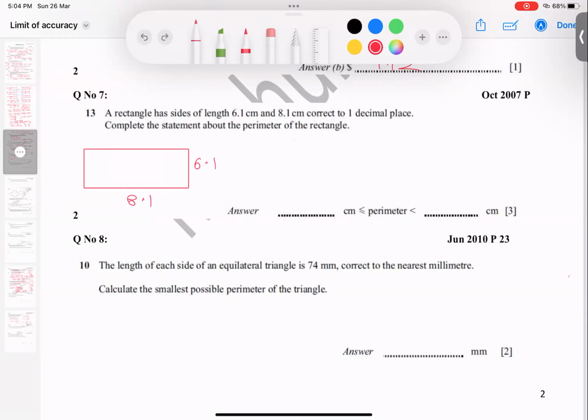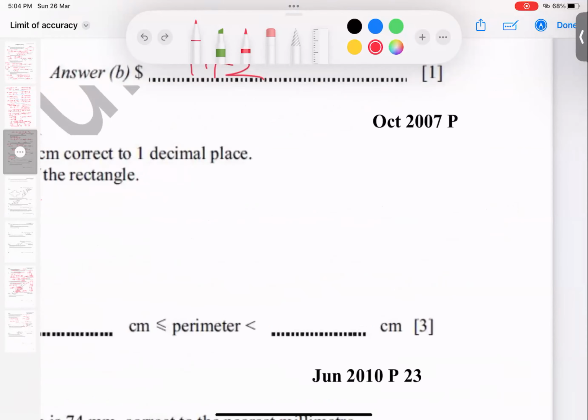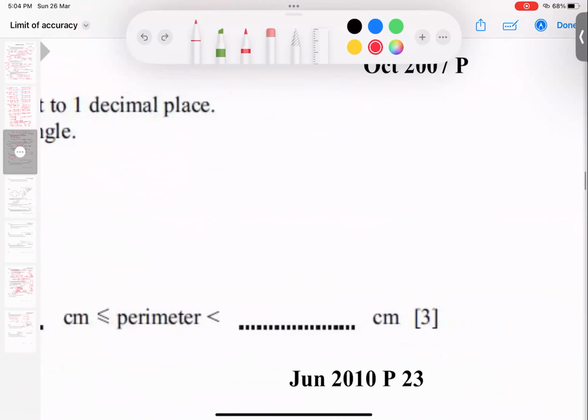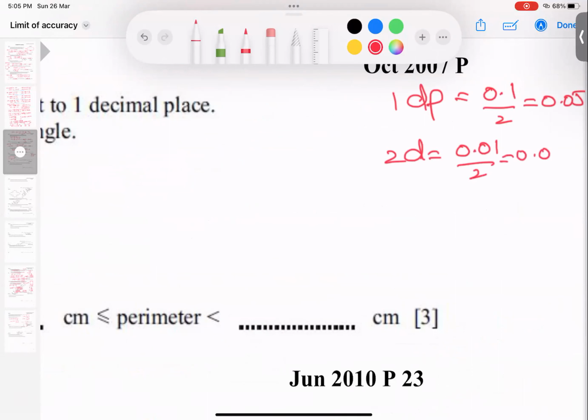Now I want to teach you one more idea: whenever decimal places come, how to write the absolute error. If he says 1 dp, I take 0.1 and divide by 2 to give you the absolute error. If I say 2 dp, then I write 0.01 divided by 2, and I get 0.005.